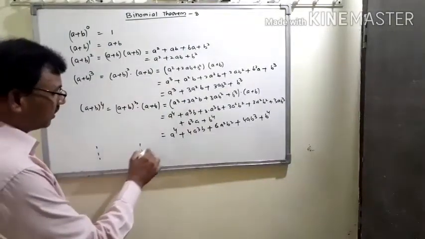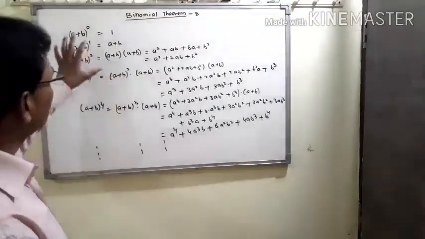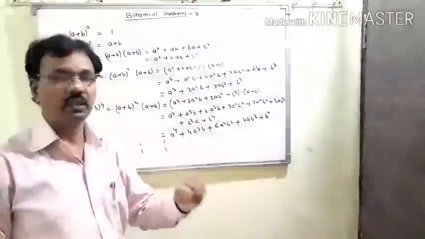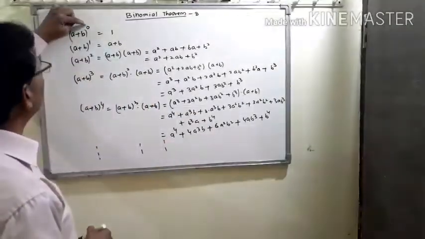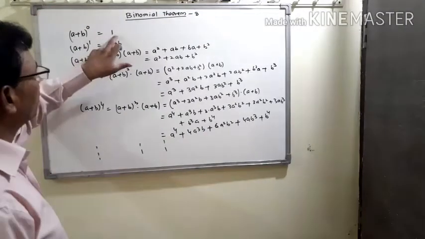As you have seen here, one thing is very clear: if the power is 0, then the expansion has only one term.